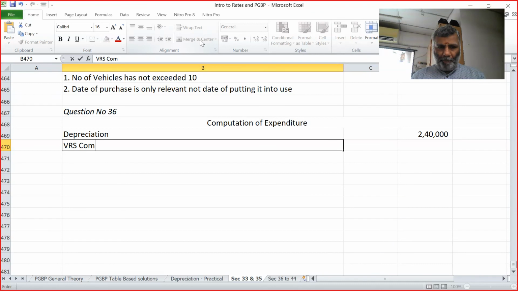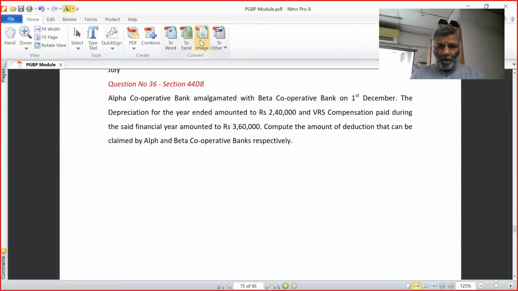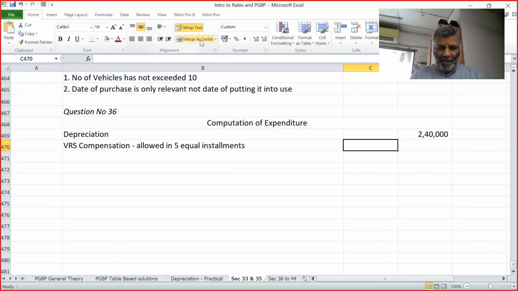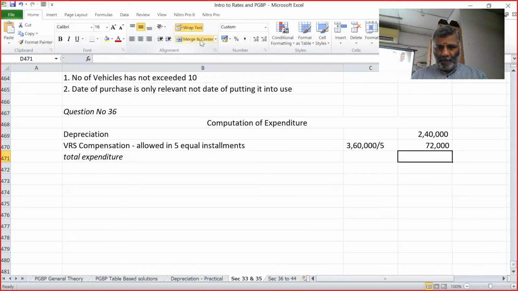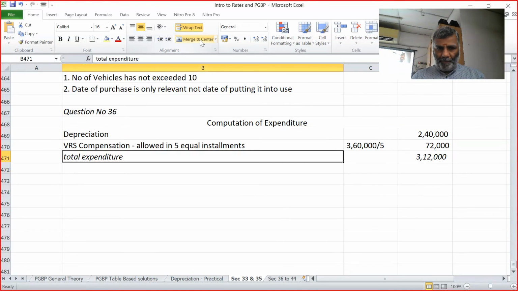VRS compensation is allowed in 5 equal installments. So you should not take the entire 3,60,000; take 3,60,000 divided by 5. This is the total expenditure, my dear friends.